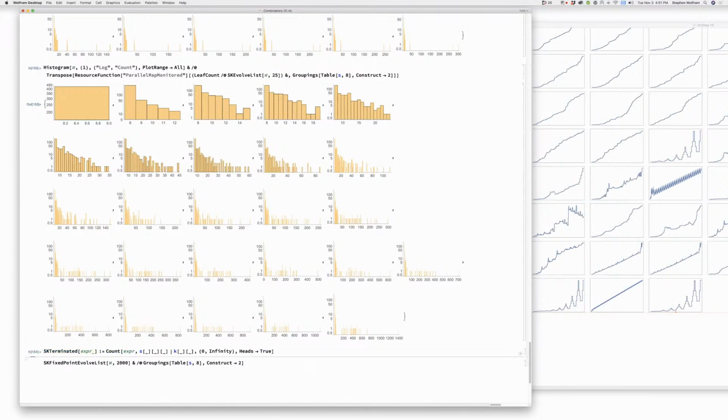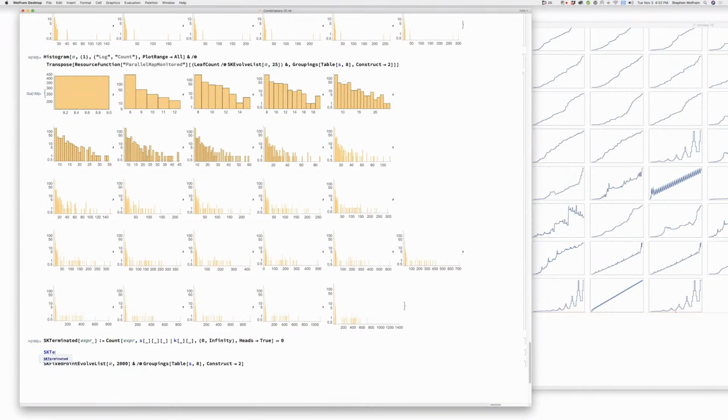What that's going to do is it's going to tell me how many of these there are. And so if I say that's equal to 0, it will tell me that it is terminated. So if I say SK terminated of s of k, it should tell me it's terminated. If I say that of k of s, it will say false, it's not terminated.